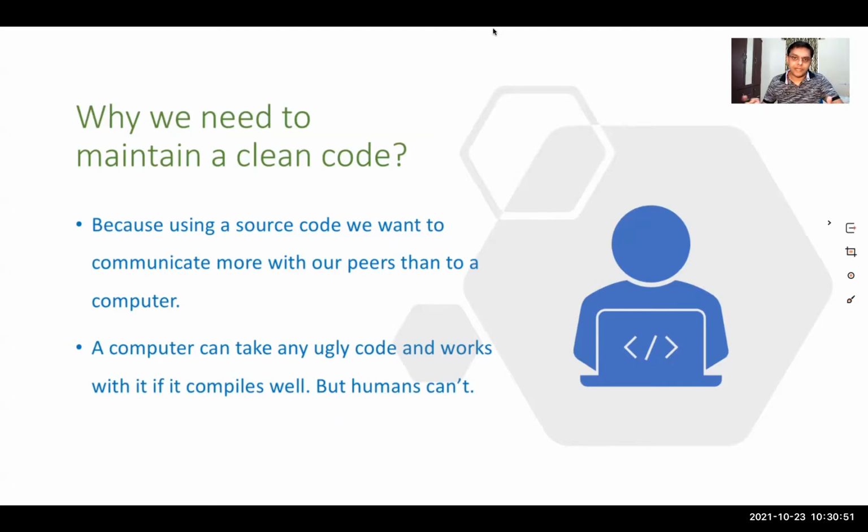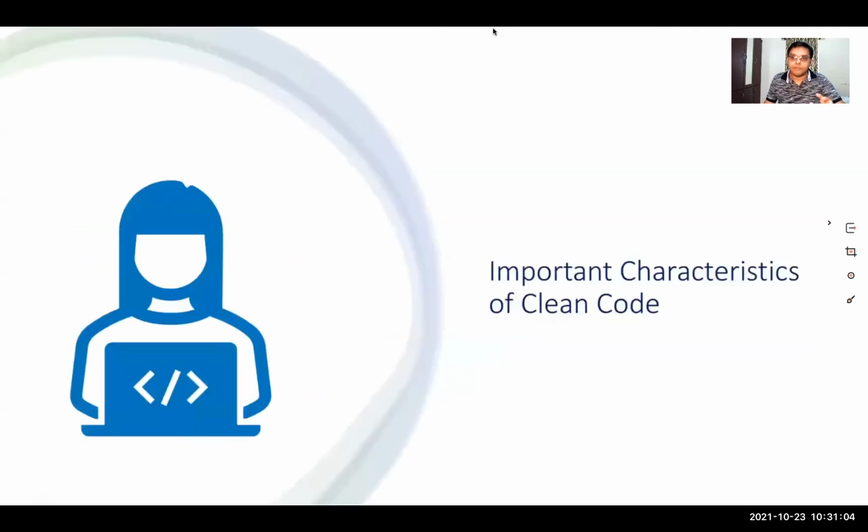In future somebody may come and read your code, or you are going to maintain someone else's code. So you have to make sure that the characteristics of clean code exist in your code. We'll look into what those characteristics are. First and foremost, it should be highly readable.